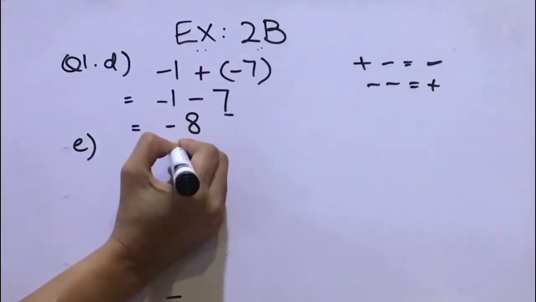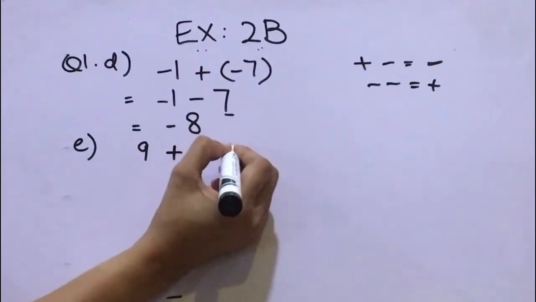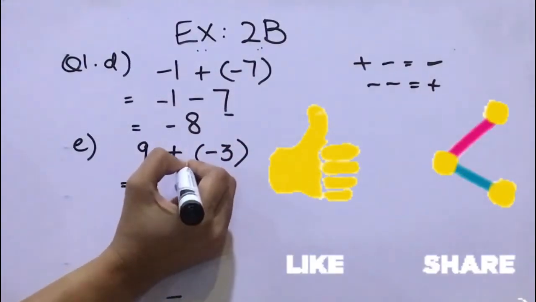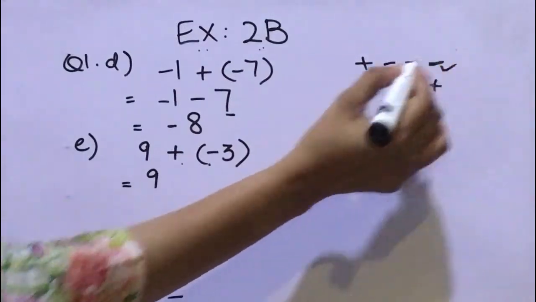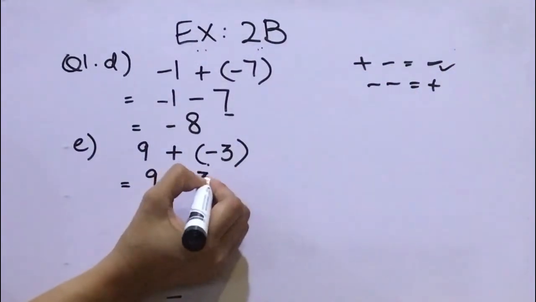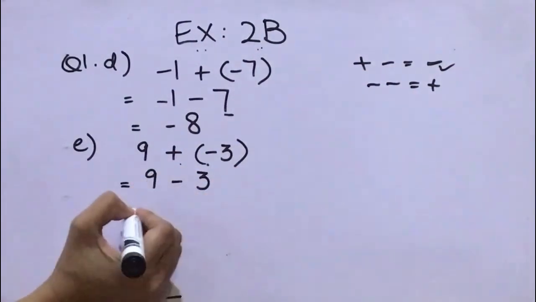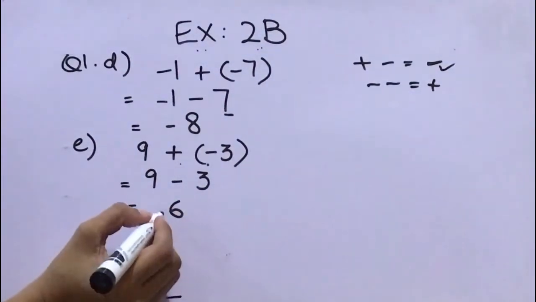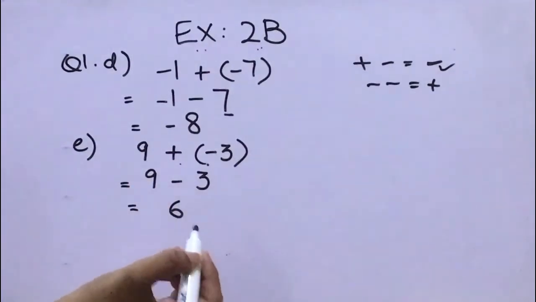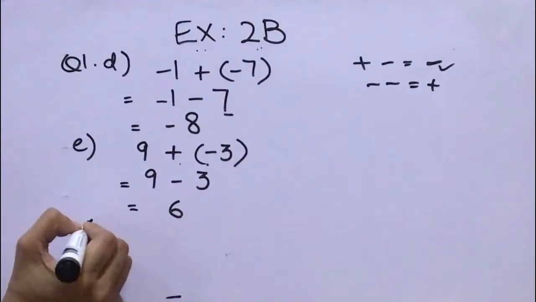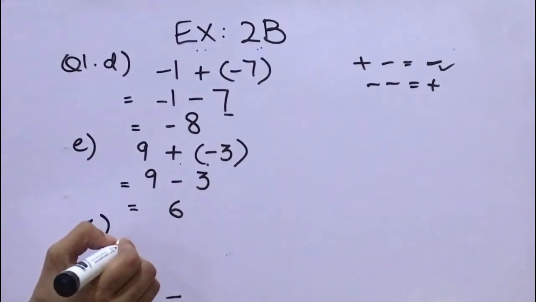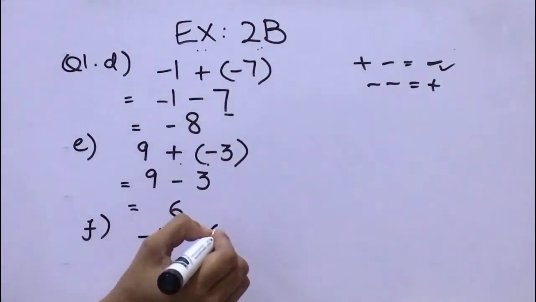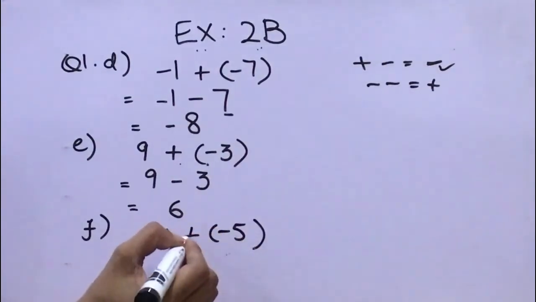Now E part. 9 plus a negative number, minus 3. So 9 plus minus will behave like minus 3. 9 minus 3 is 6. By default it's a positive number because 9 is the greater number. F. Minus 11 plus minus 5.